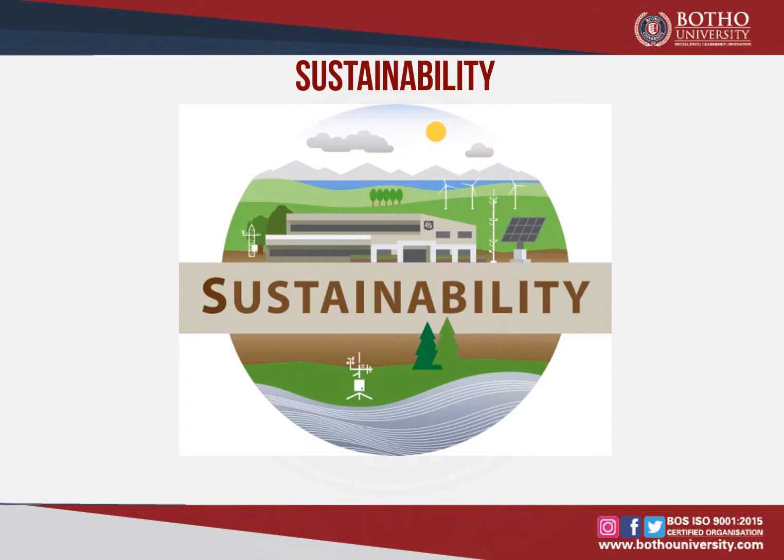Nowadays, the term sustainable development is getting its focus. In this image, you'll be able to see many ways of achieving sustainability. You see a solar panel that provides not just energy, but sustainable energy.